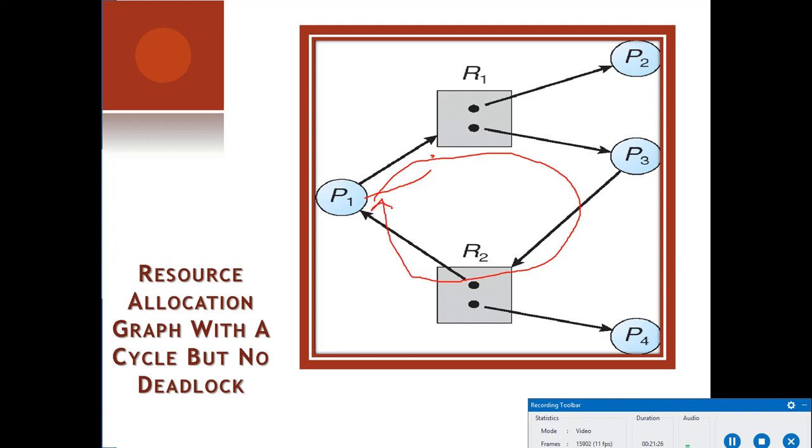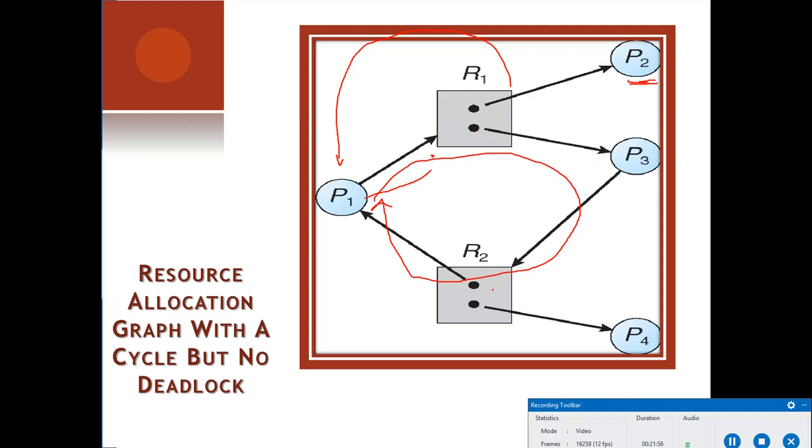But there is no deadlock, because if you see, process P1 is requesting resource R1. Process P2 is holding resource R1 but it is not requesting anything. So what will happen? Process P2 will finish its work. As soon as process P2 has finished its work, resource R1 can be allocated to process P1. Then process P1 can do its task and release resource R2.